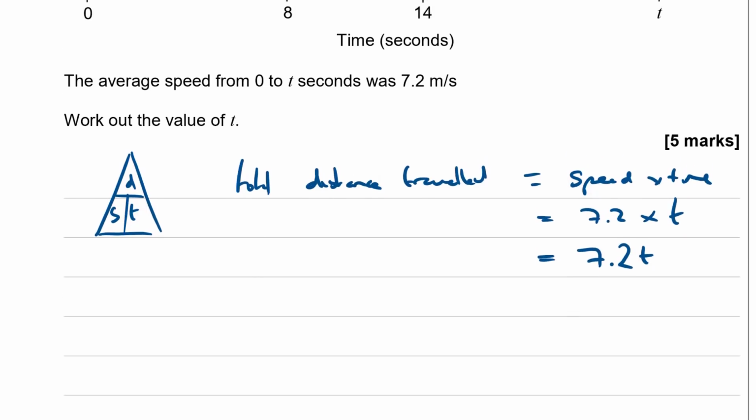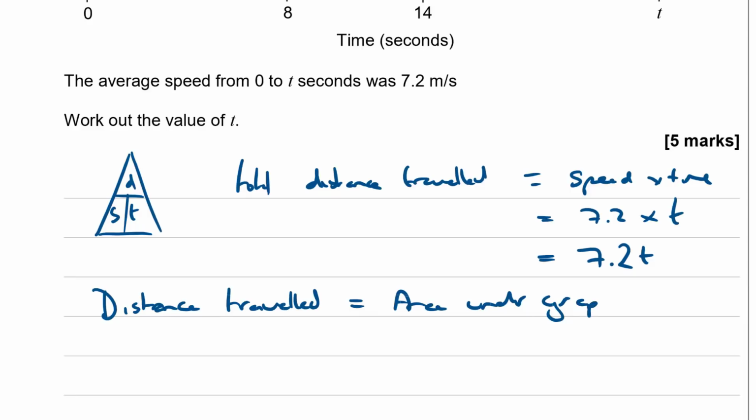Okay, and then coming back to the area, the distance travelled is also the area under the graph, which in this case is going to be the area of my triangle plus the area of my rectangle plus the area of my trapezium.